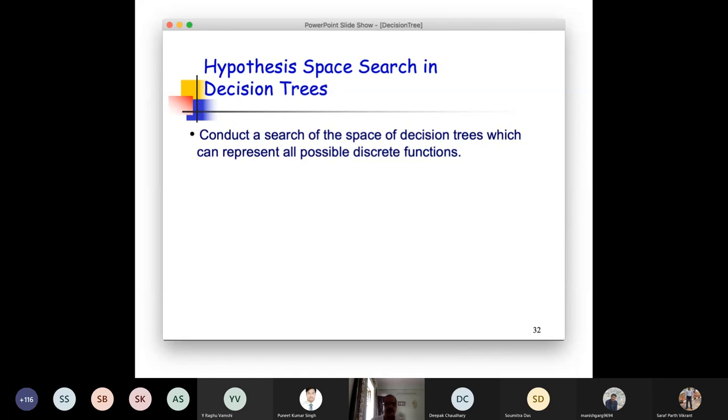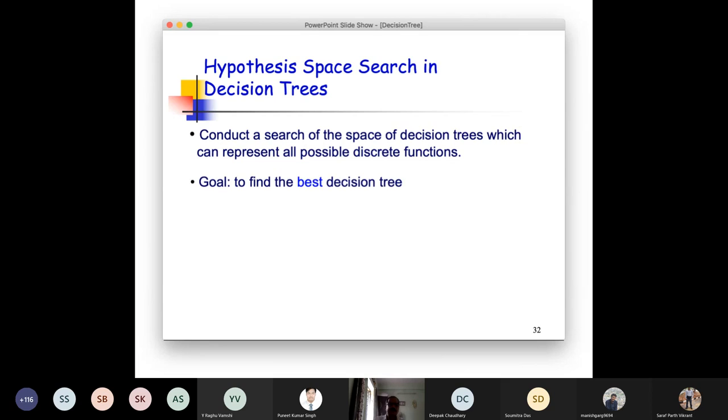Okay, so let us consider what is hypothesis space search in decision trees. Here, as you can see, you are conducting a search over the hypothesis space. Like in the previous case of concept learning, it was a search over the space of hypotheses.